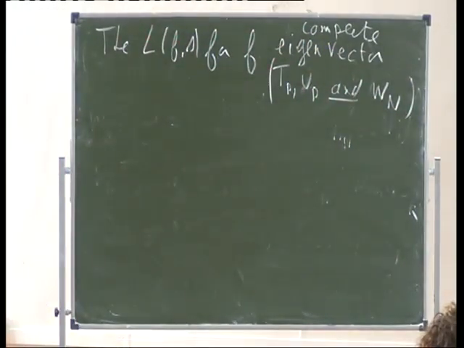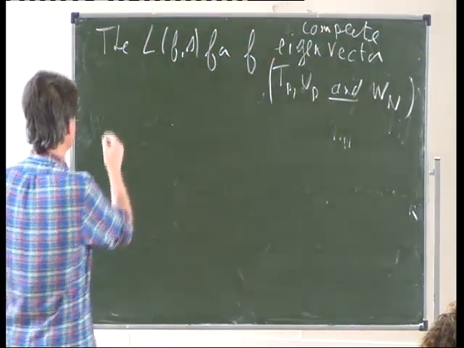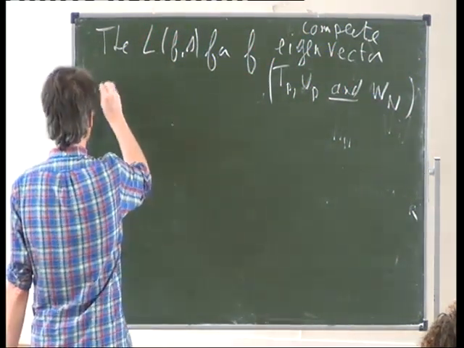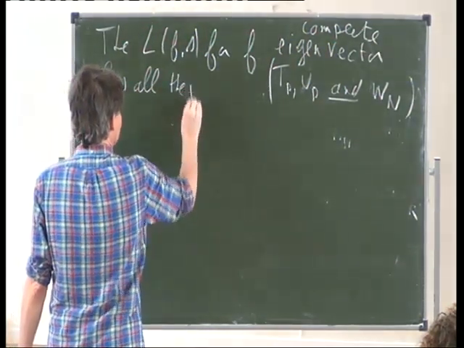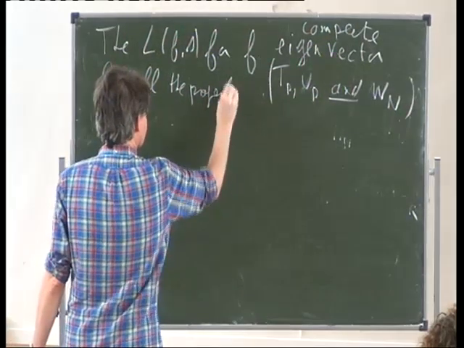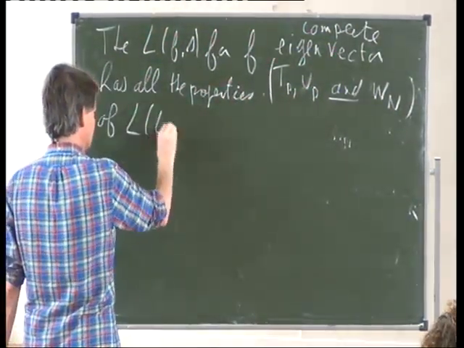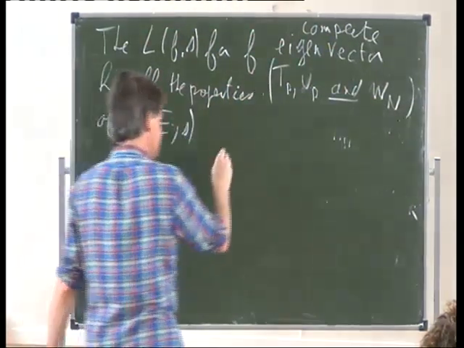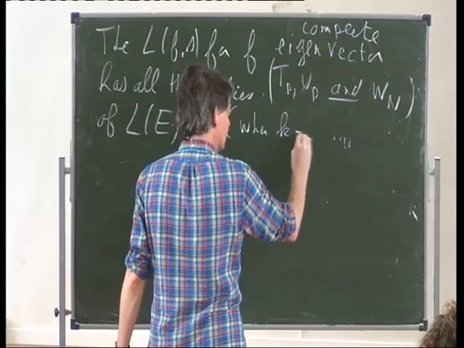In the literature, that's defined more properly as a newform that has all the properties. So the L function has all the properties of L_E(s). Well, of course, when k equals 2.